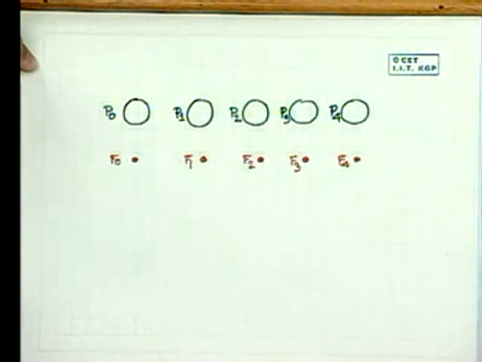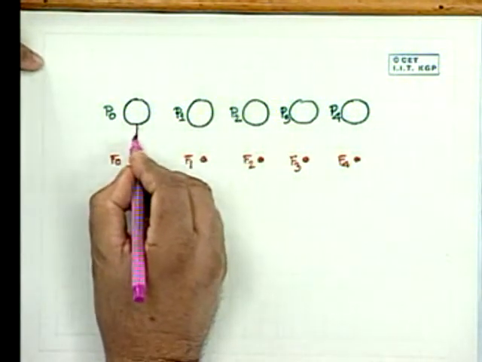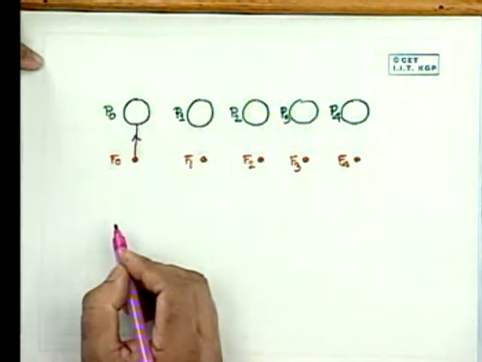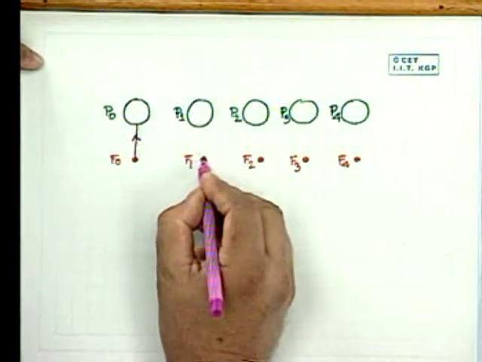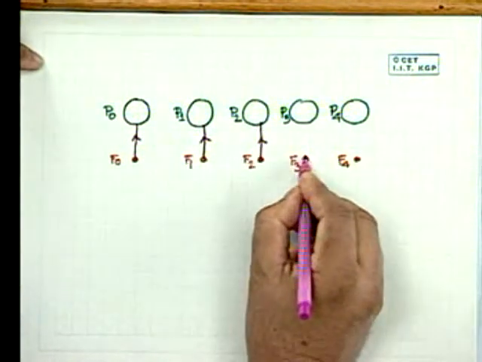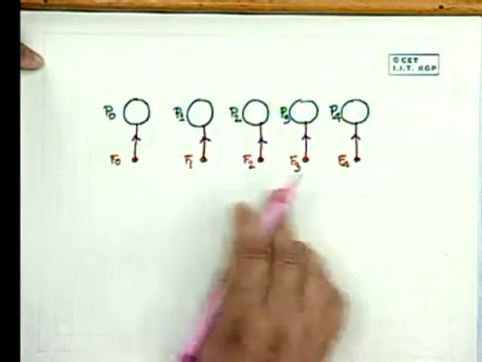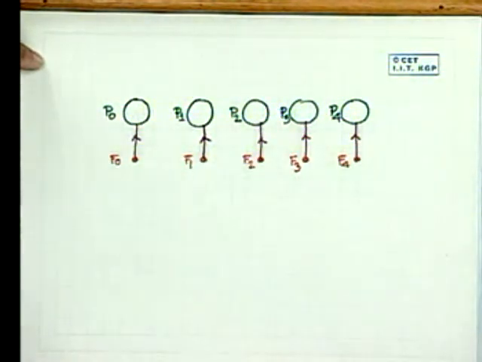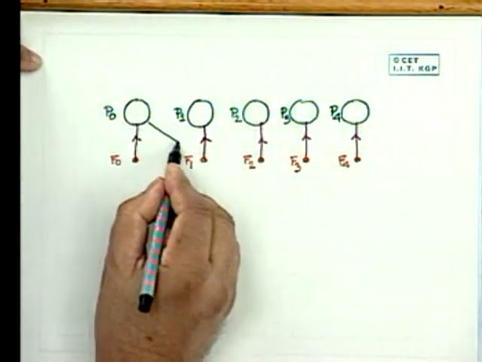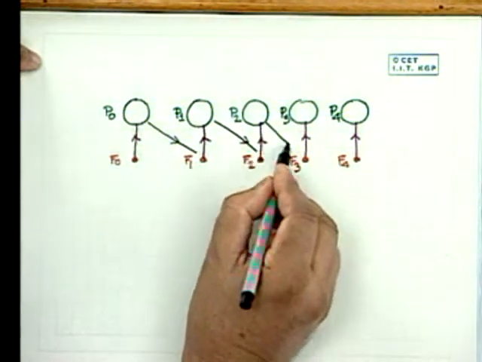Now, each philosopher has got 1 fork. That means 1 resource is attached to each process, F0 to P0, and similarly for the others. In this situation, each philosopher is now asking for another fork.